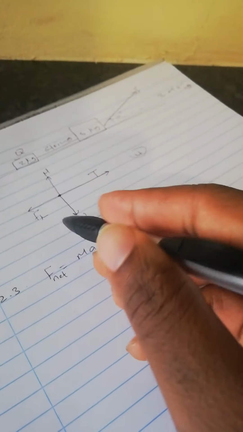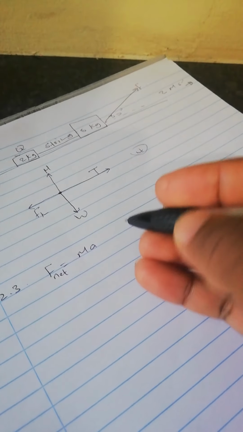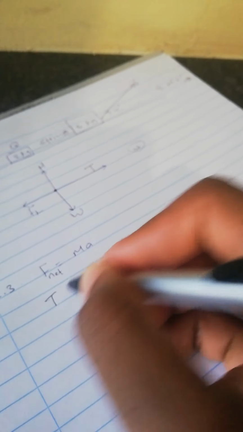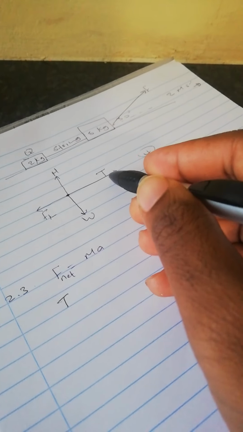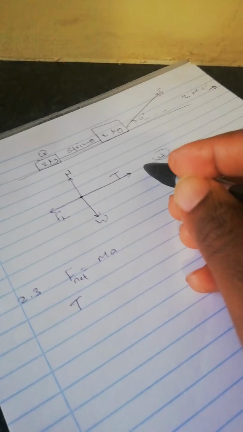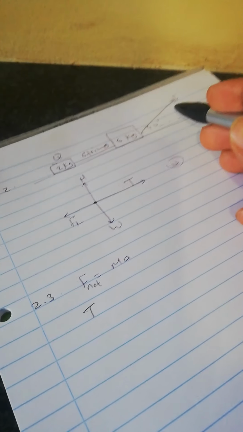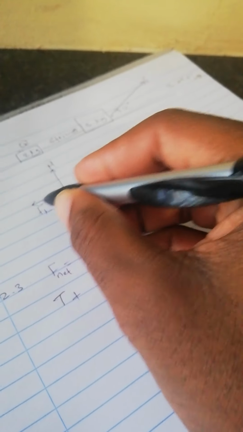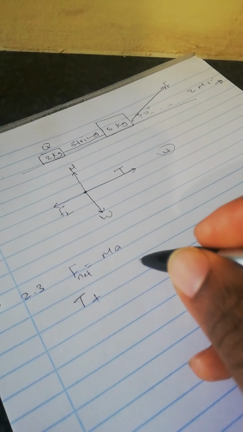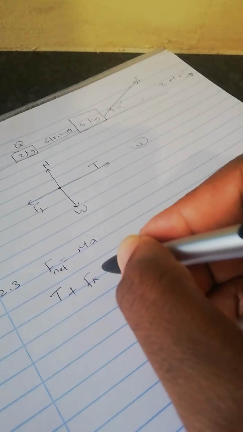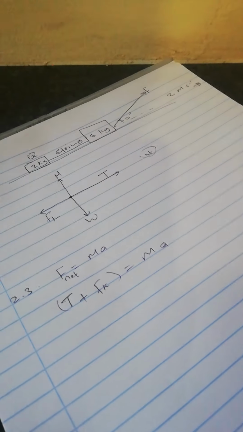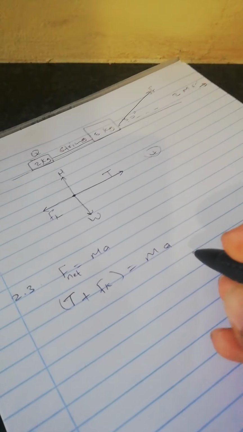So now let's write all the forces acting here. We have the tension force, because it is actually the force that will accelerate the object in that direction. But then there's also a force acting opposite to the tension force, which is Fk. So now this total force is equal to mass times acceleration. Let's start substituting our values here.